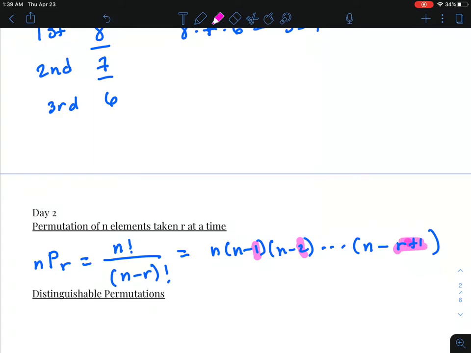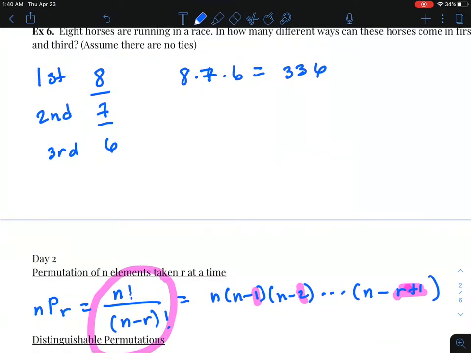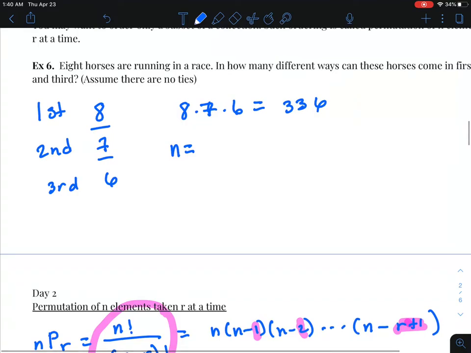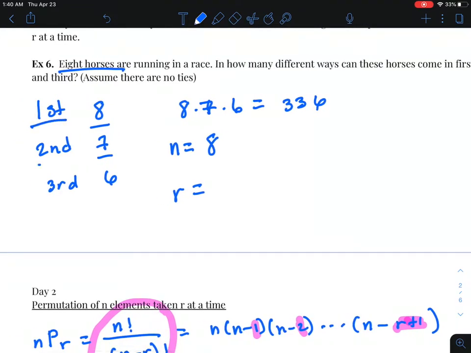So we're going to use this formula right up top here. Our n is the total number of elements, which is 8. Our r is talking about taking r at a time. r is going to be 3 because we are only taking 3 spots.